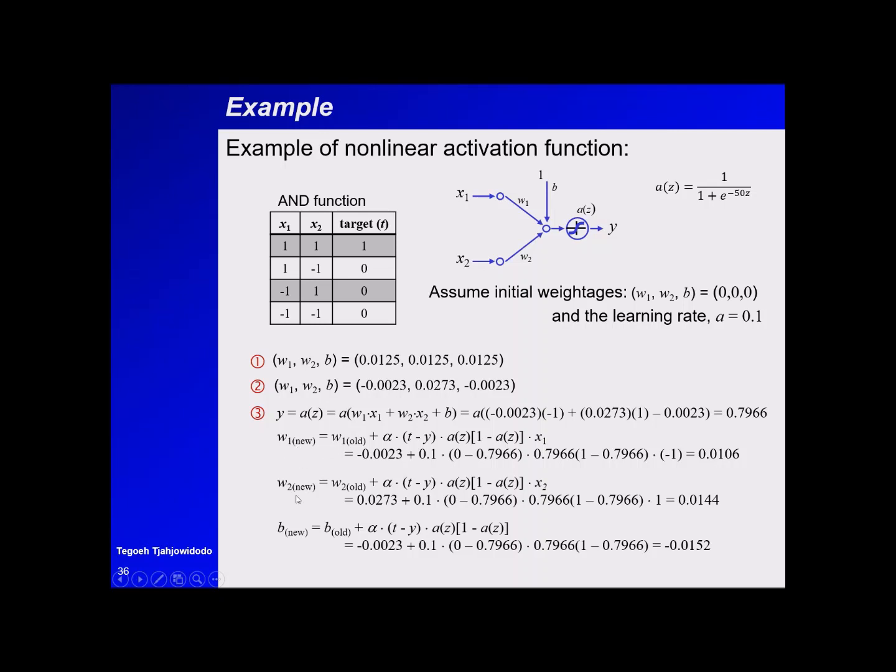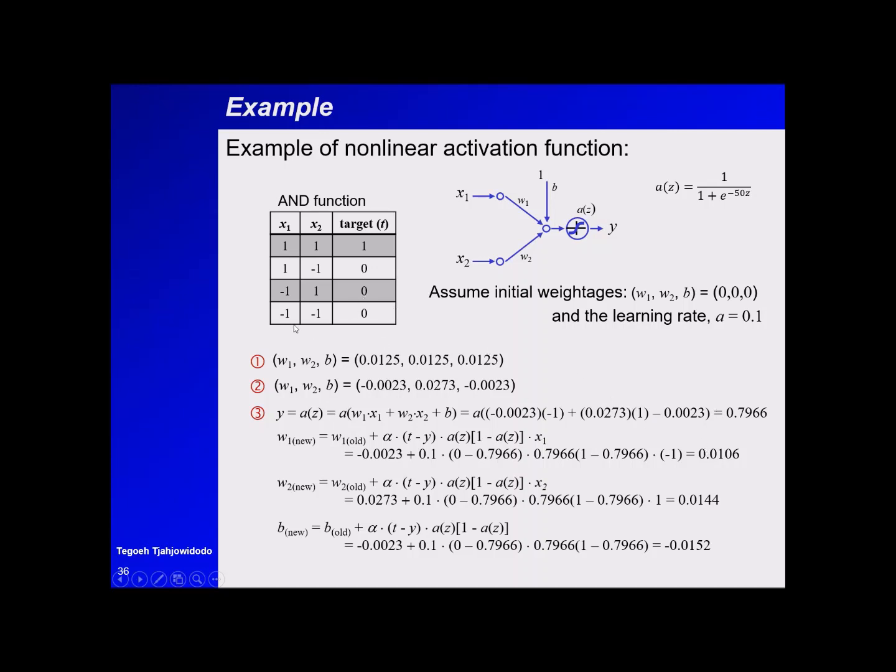I update W1, W2, and B. These are the values that I will get for the weightages. I still see an error again here, 0.7966, where it is supposed to be 0.